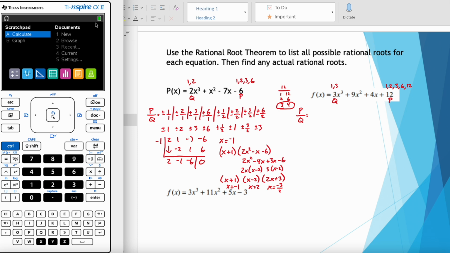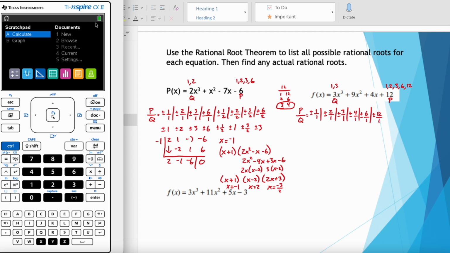In this case, positive negative 1 over 1, positive negative 2 over 1, positive negative 3 over 1, positive negative 4 over 1, positive negative 6 over 1, and positive or negative 12 over 1.